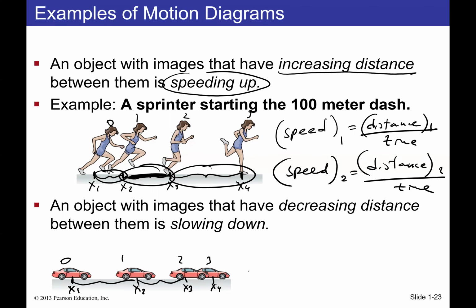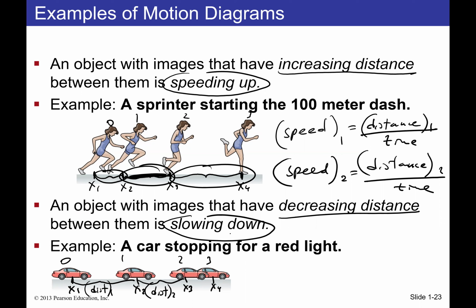If I'm looking at distance 1, it's greater than distance 2, and greater than distance 3, and so on and so forth, because what we have is a decreasing distance, which means that the object is slowing down. So slowing down means that the distance will be decreasing, which means the speed will also be decreasing. The distance will be shorter and shorter for that time interval, meaning the object is moving slower. That's why it's covering less distance.